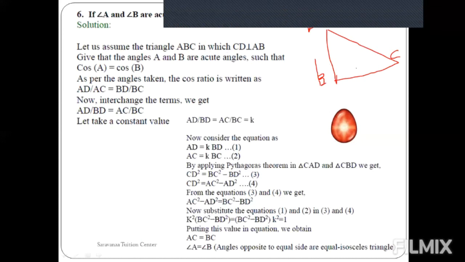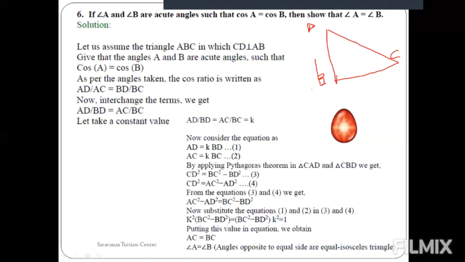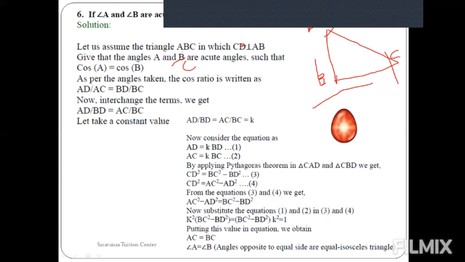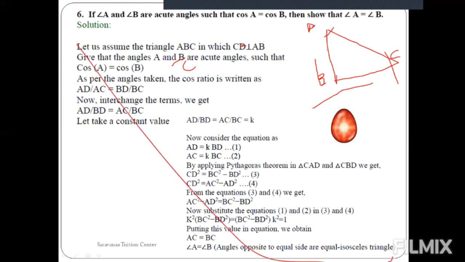AB is perpendicular to BC. Printing mistake. Given that angle A and angle B are acute angles, you don't use this. You use C. Angle A and angle C are acute angles. So cos A and no, this is a wrong question. This is not the right answer. Next.